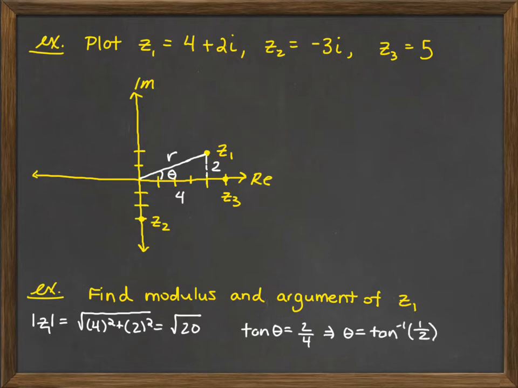Now this isn't a special angle from the unit circle. We just need to use our calculator, and we get that theta equals 26.6 degrees. And so this theta is called the argument once again, and this square root of 20 is called the modulus.